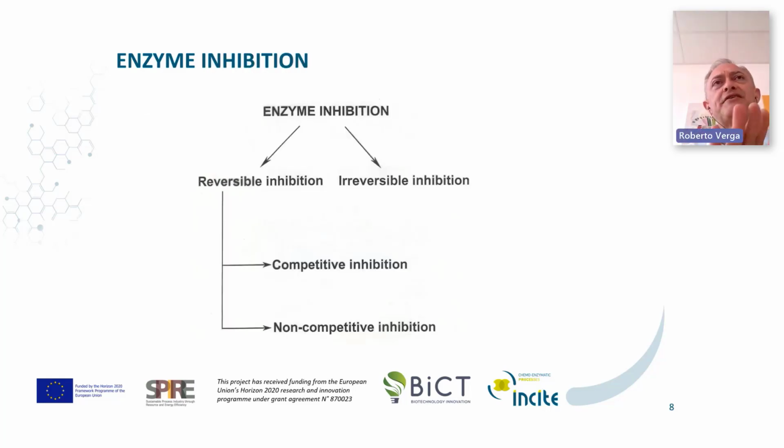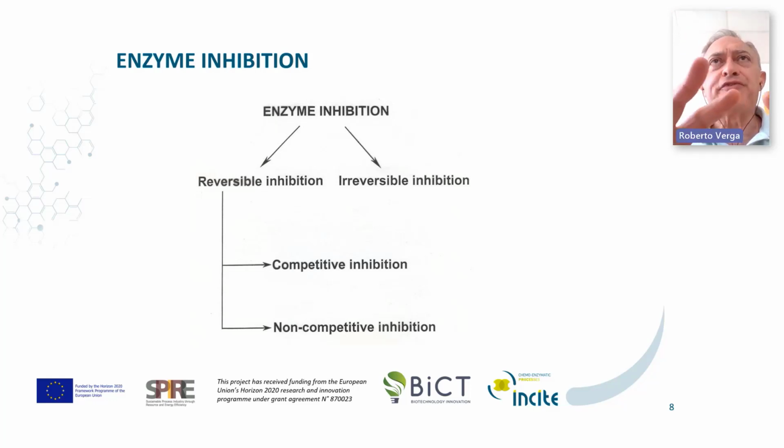Another phenomenon that we have to remember when we work with enzymes is inhibition. Enzyme inhibition is a common phenomenon. And what do you mean by inhibition? Well, practically, inhibition is the interaction of the enzyme with a different molecule able to reduce drastically or to block completely the activity of the enzyme.